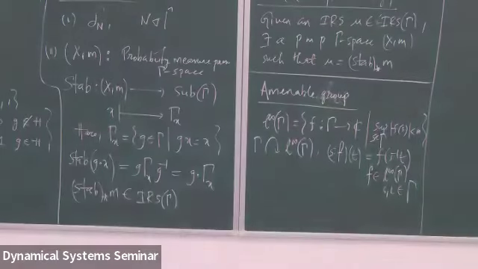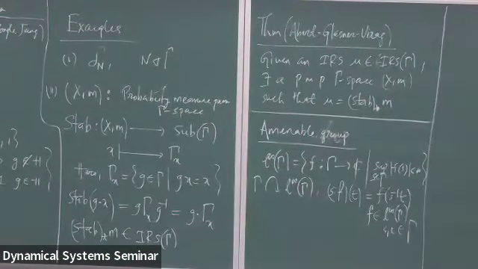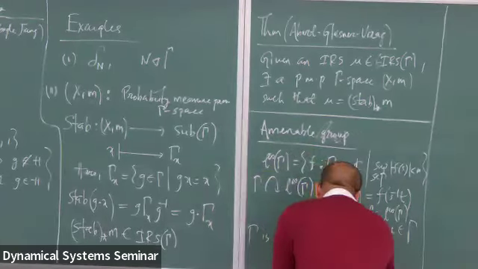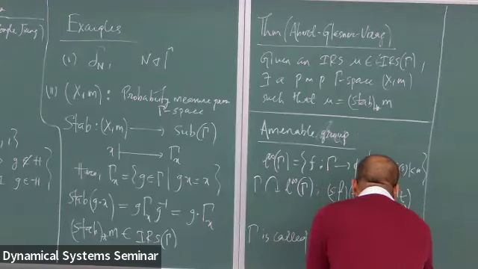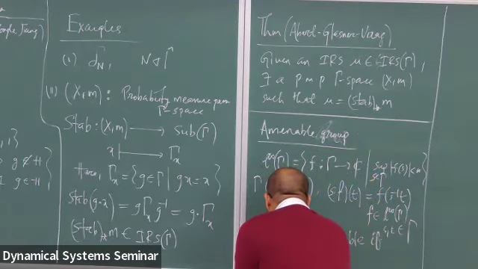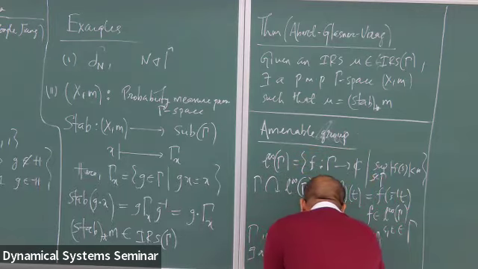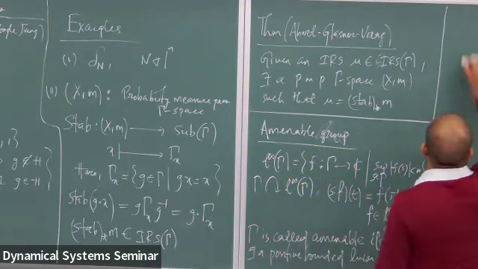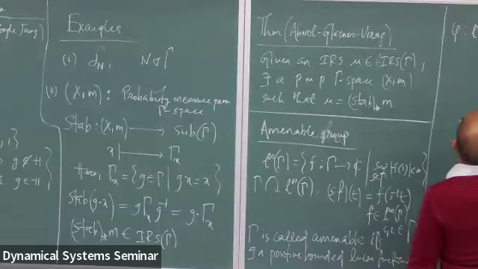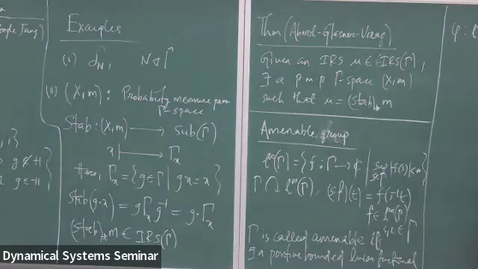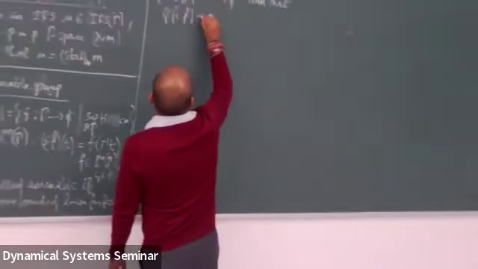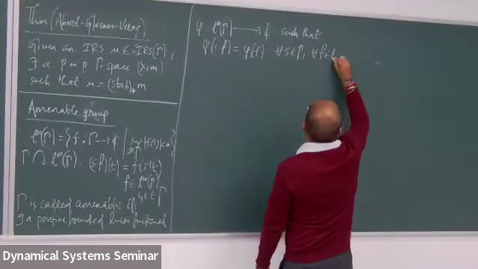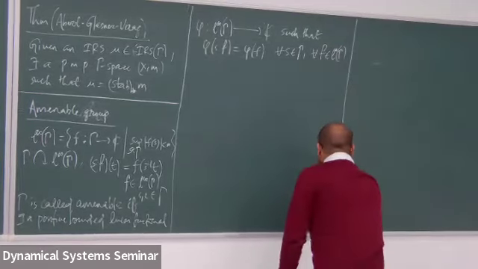So I'm translating L infinity gamma from the left-hand side by the action. So gamma is called amenable if there exists a positive bounded linear functional phi from L infinity gamma to C such that phi of s dot f equals phi of f, for every group element and every element in L infinity gamma.